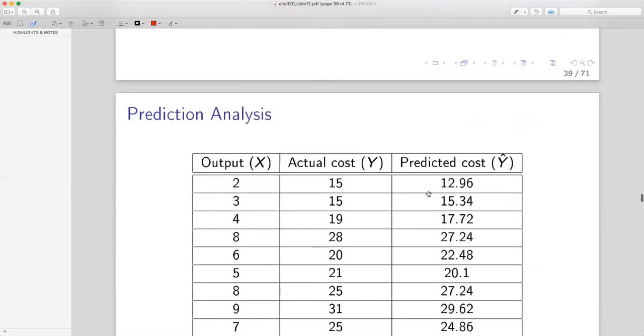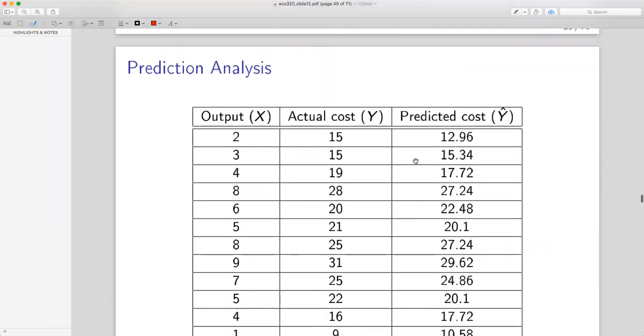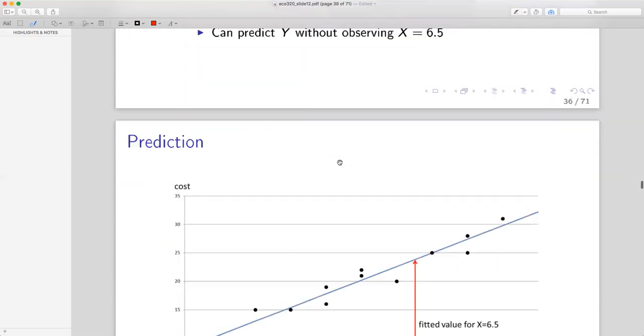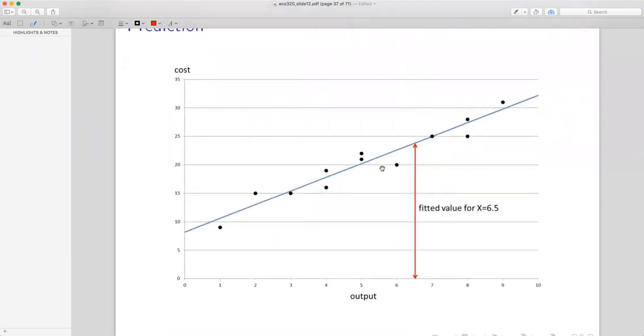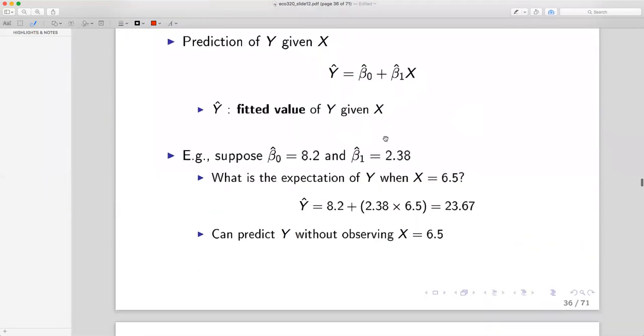So nothing has changed. The residual is, I mean, these were the actual cost, but what was the residual? Based on our interpretation previously, the difference here would be your interpretation. For example, based on this algebra, let's say this is your answer: beta 0 is 8.2, beta 1 is 2.38.